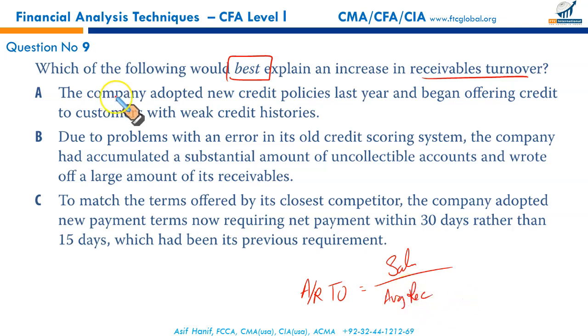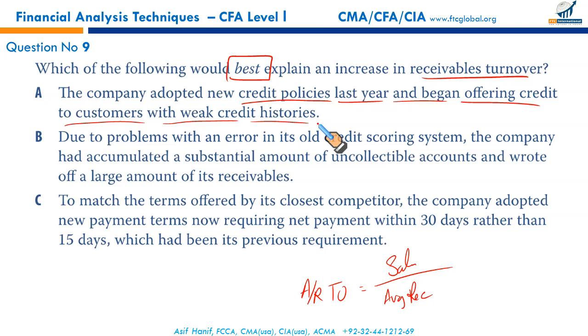Right. The company adopted a new credit policy last year and began offering credit to customers with weak credit histories. Just like what happened in 2008, the subprime mortgage crisis. Search this up in Google and you will know what happened back then.